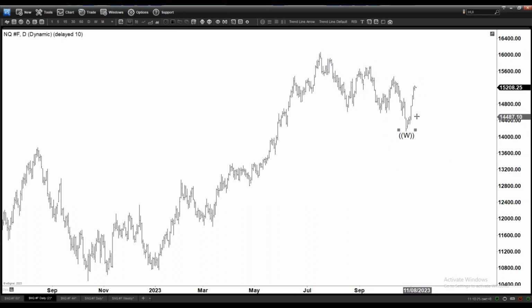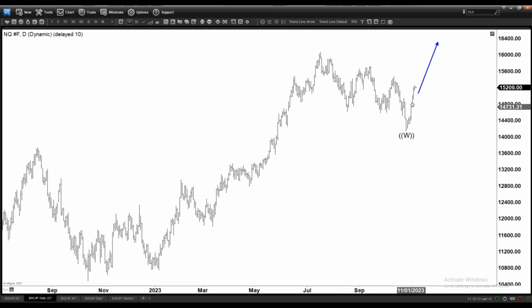So as a result, now that we have a rally higher like this, technically there's a risk that we might actually extend on the upside, because after all, this is a corrective structure anyway. So we know that in the larger time frame, it still remains a bullish market.